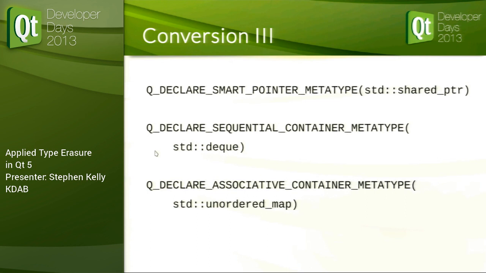If I compare two QVariants which contain non-built-in types, just for people who are not aware of it, they're actually only compared by address. It doesn't invoke operator equal on the contained type, but that might be a good extension. It's not something we've done yet, but yeah, maybe for the future.